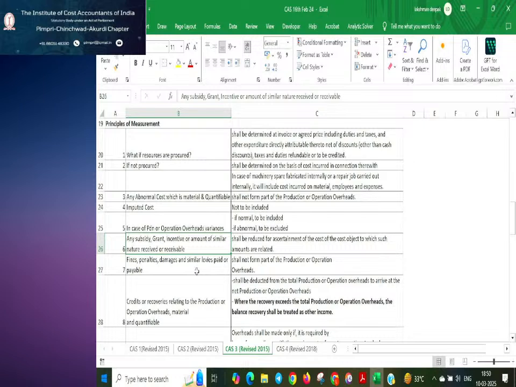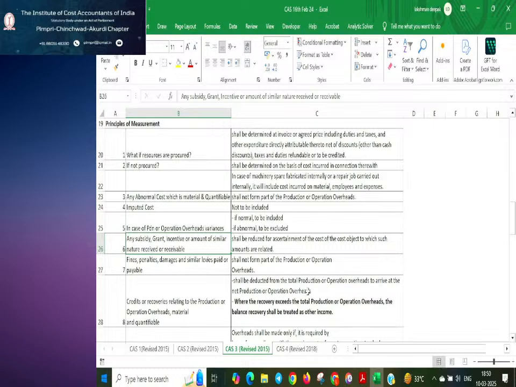Any subsidy, grant, incentive, all these are to be adjusted towards the cost, that means it will be reduced from the cost. Fine, penalty, damages are not to be considered. They will form part of the reconciliation between cost records and financial records profits.